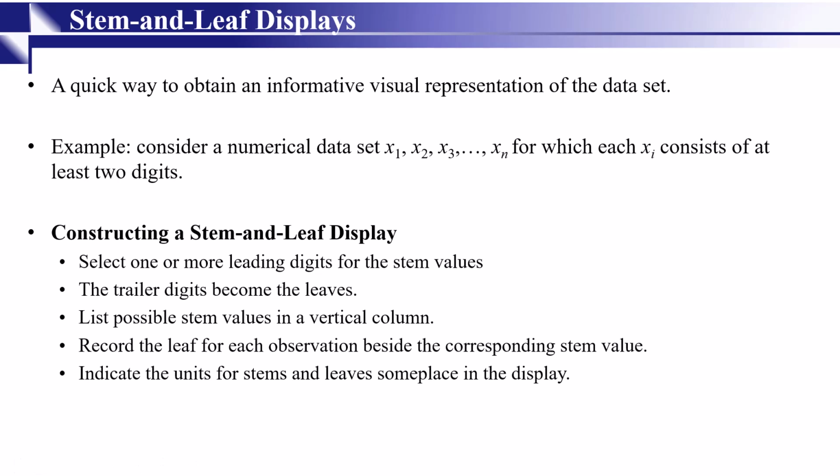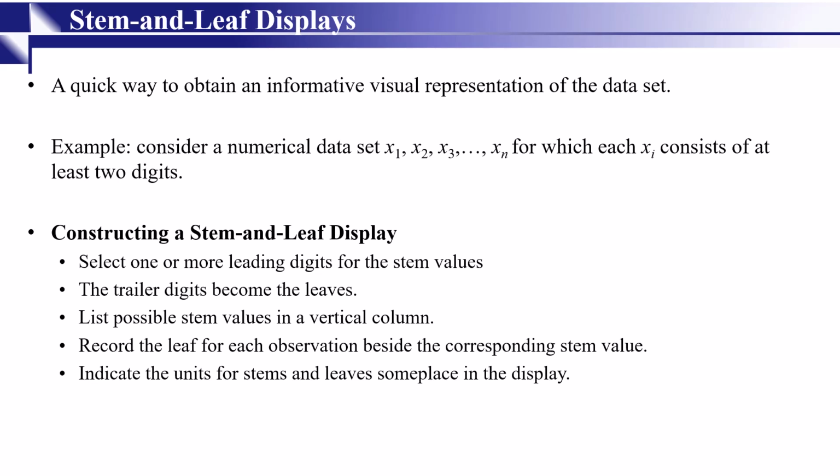Now, let's go back to our stem and leaf display. We define a stem and leaf display as a method of organizing numerical data. We have a huge amount of data values, and this display helps us to better understand our data.